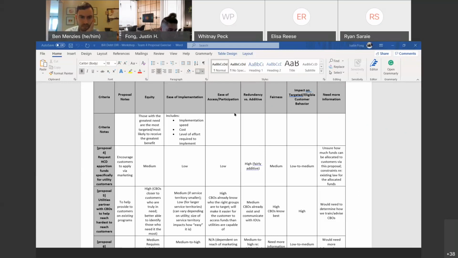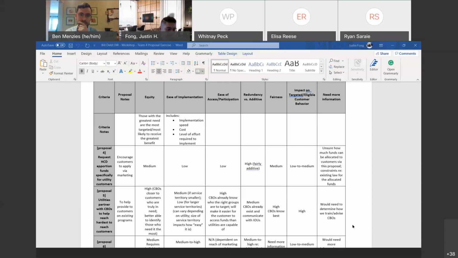As we were talking in our discussion group, we were thinking more perhaps encouraging a stronger marketing push from the IOUs to encourage customers to apply for these HCD funds that are primarily reserved for rent relief, but also have a secondary purpose of providing arrearage and utility bill service relief as well.